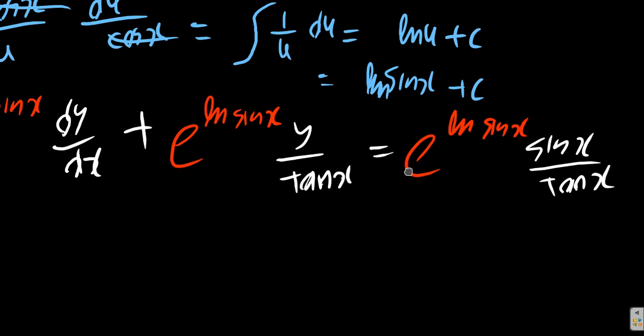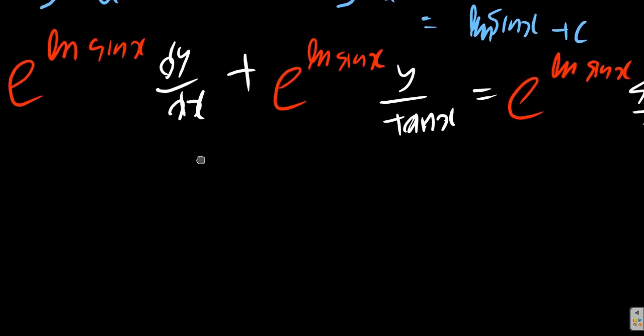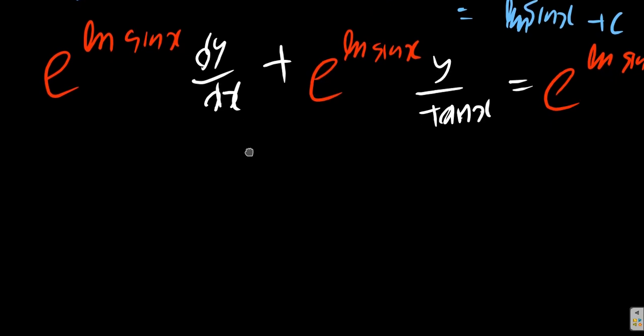We have e to the ln sin x times dy by dx. So we hold e to the ln sin x and differentiate y. But the question is, what is e to the ln of sin x? Well, if you have e to the power of ln of a function, it leaves you with that function.